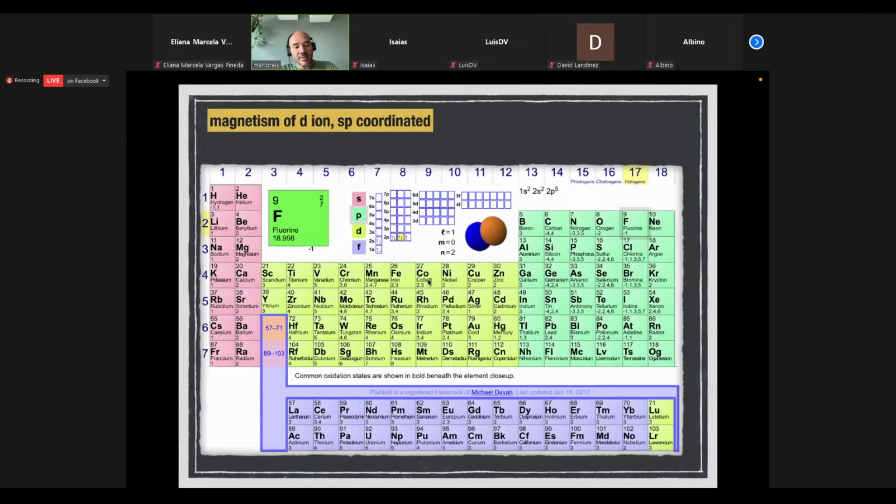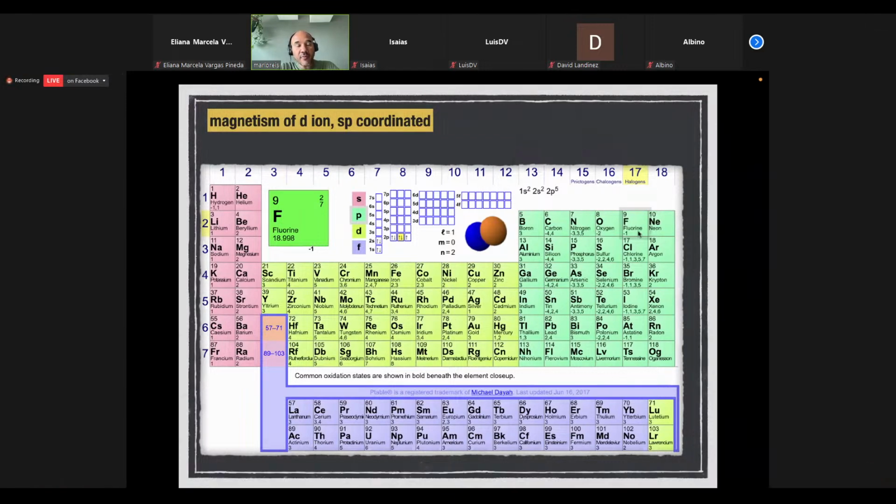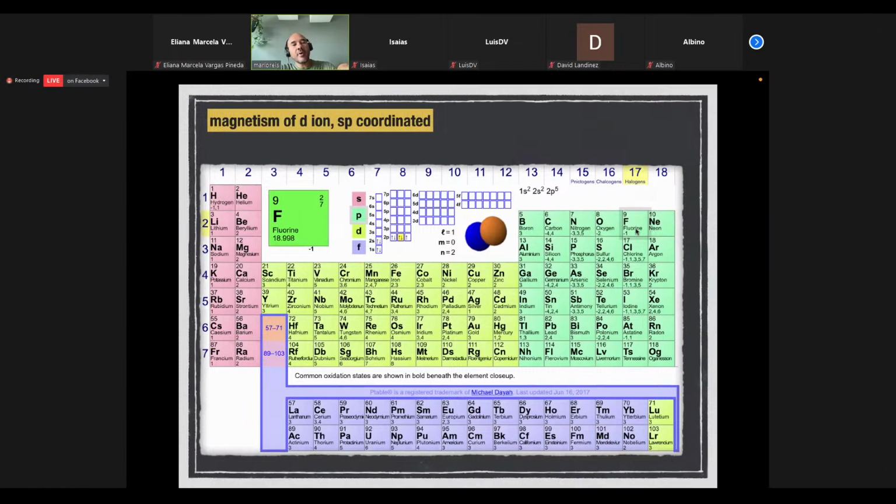Usually, the chemical ligation, the chemical connection, is metal, sp ion like carbon, nitrogen, oxygen, even fluorine, and then another metal. And this bridge, metal, sp ion, metal, is very important. And the angle along this connection is very important for the magnetism of the material.